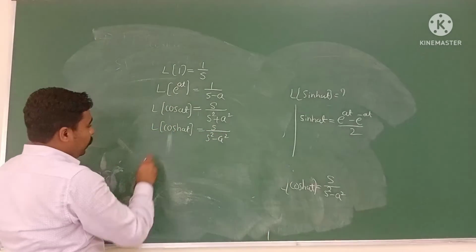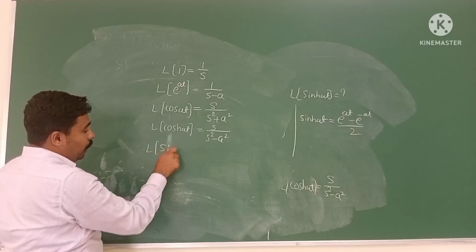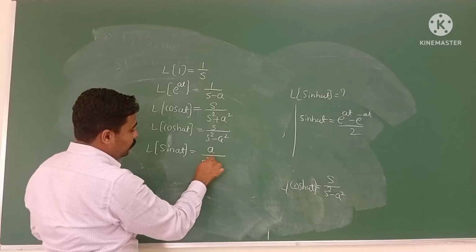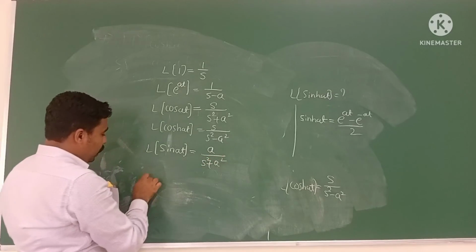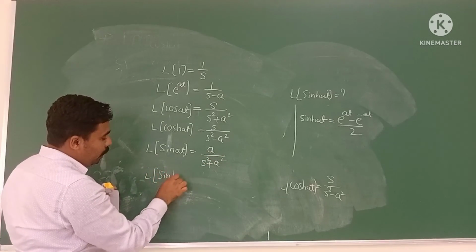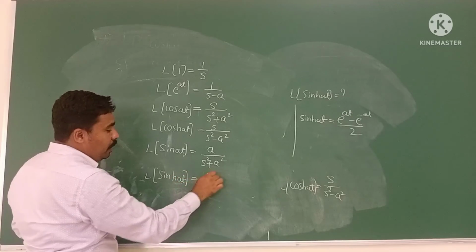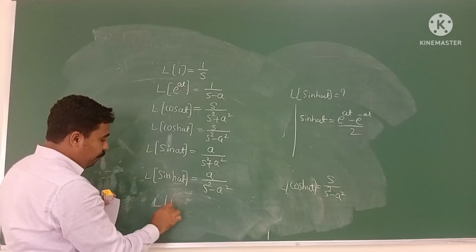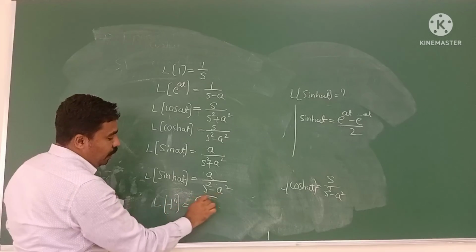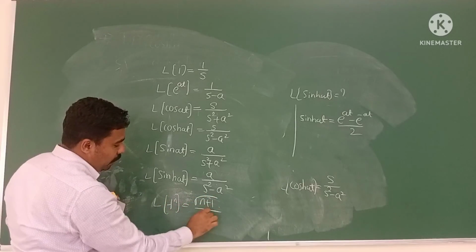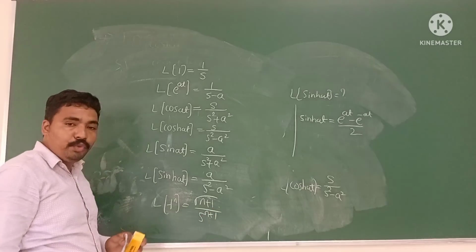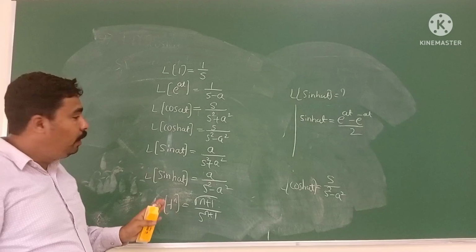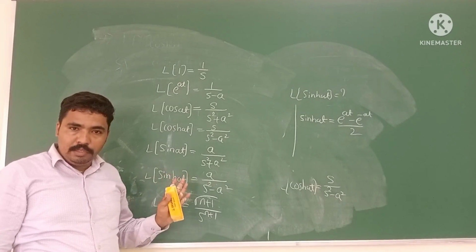Then Laplace of sine at is a divided by s square plus a square. And Laplace of sine hyperbolic at, that is a divided by s square minus a square. And Laplace of t power n, that is gamma of n plus 1 divided by s power n plus 1. These are all basic important formulae with respect to the Laplace transform.